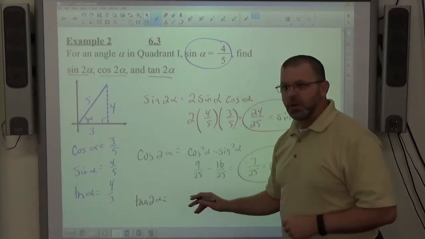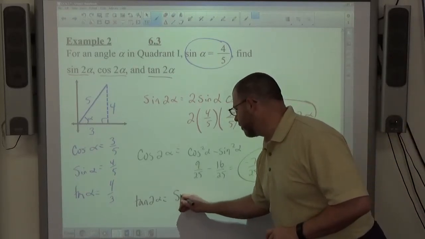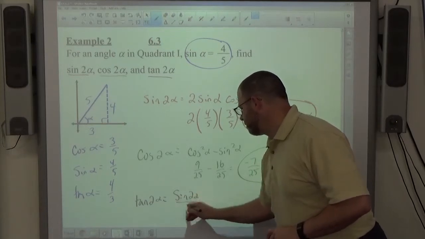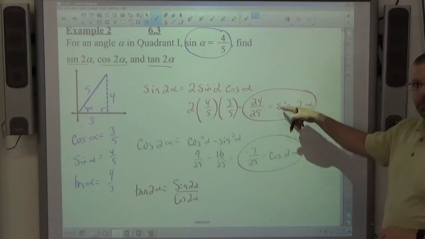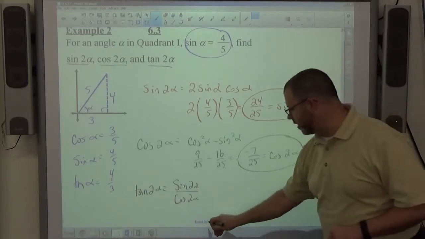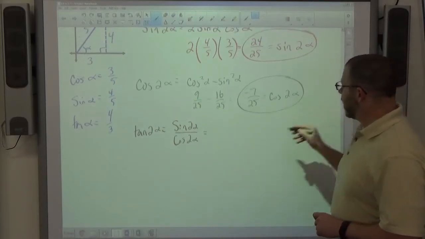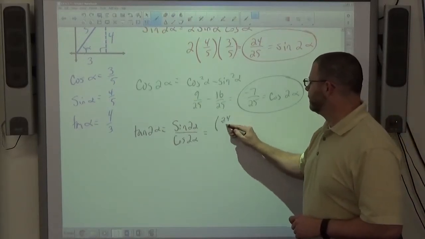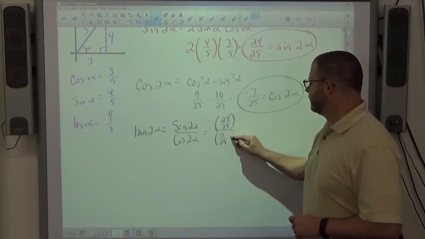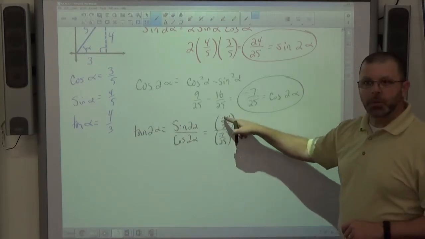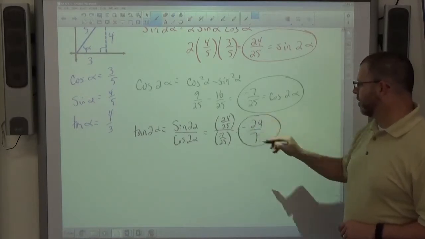Everybody agrees that tangent of 2 alpha is sine of 2 alpha over cosine of 2 alpha, right? We just figured out what sine and cosine of 2 alpha are. So if I put sine on top, 24/25, and cosine on the bottom, negative 7/25, multiply top and bottom by 25, I get 24 over negative 7, better known as negative 24/7.